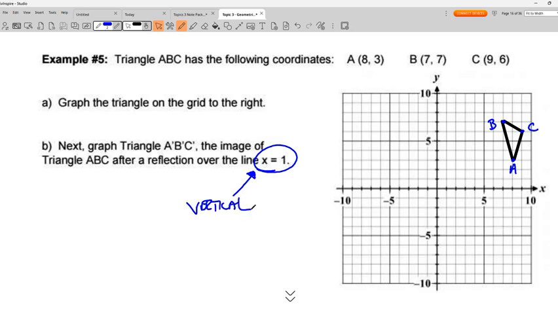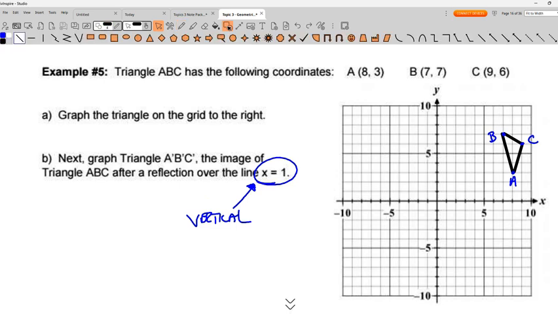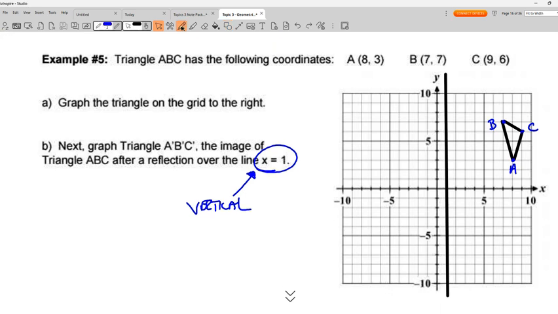What we're going to do is graph that line so that we can see the line of reflection. The line x equals 1 is this vertical line that's 1 unit to the right of the y-axis. This line right here is your line of reflection in this example.